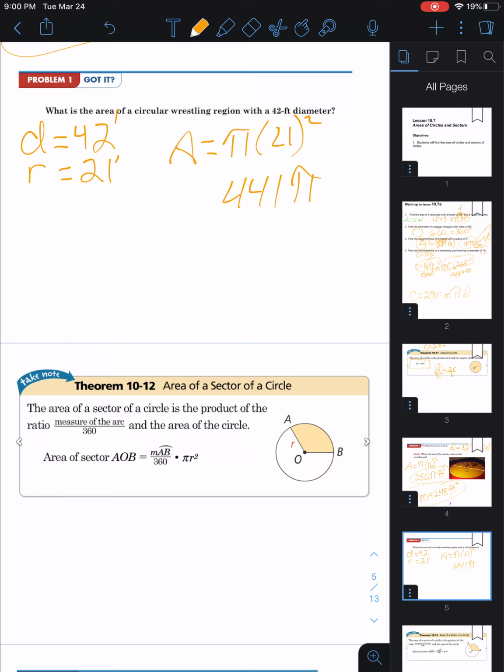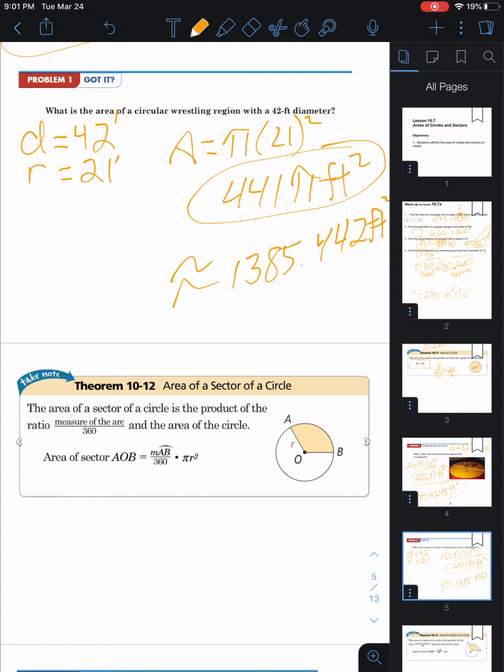There would be our exact, in feet squared for the area. And then our approximate would be 441 times pi, or about 1,385.442 square feet.